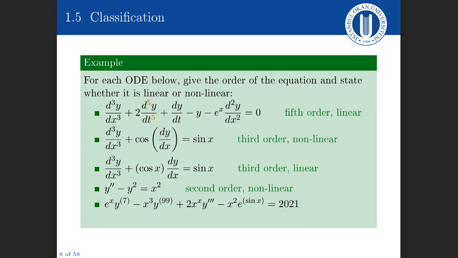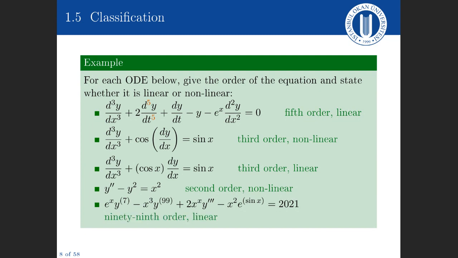And the final one, e to the power x, 7 derivatives of y, minus x cubed, 99 derivatives of y plus 2x to the power x, y triple prime, minus x squared, e to the power sine x is equal to 2021.